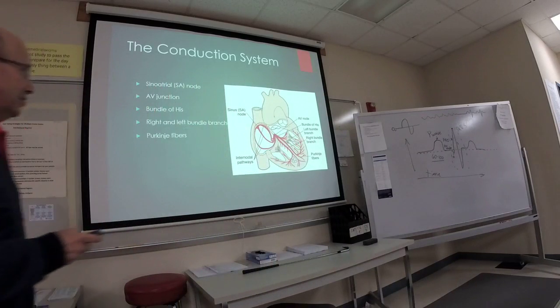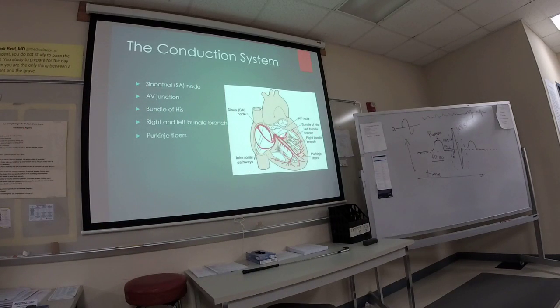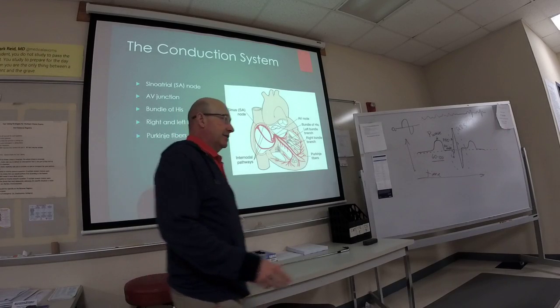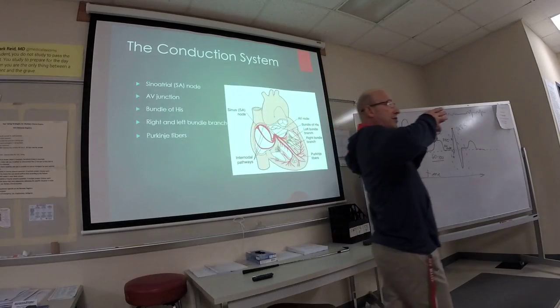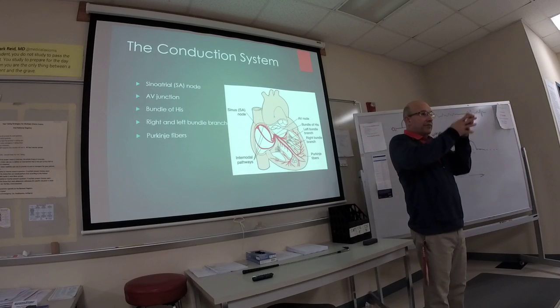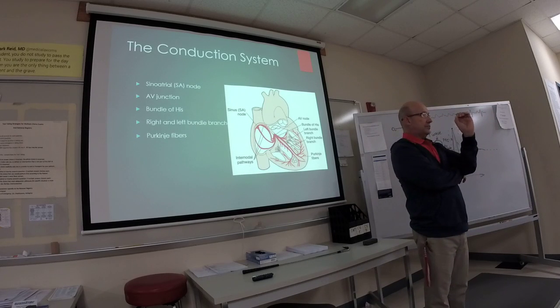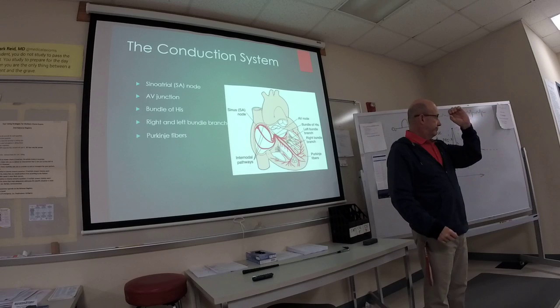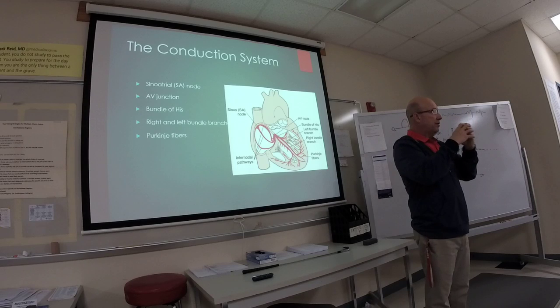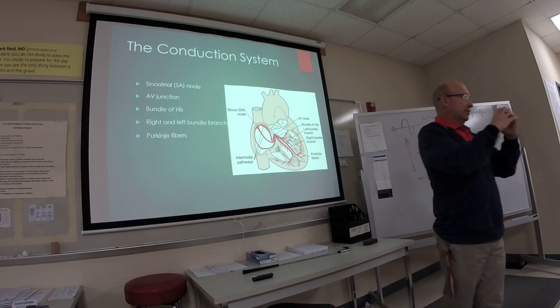The next thing it goes through is this area right here called the bundle of His. All the bundle of His is essentially a bunch of these cardiac fibers all clumped together. Picture it as just a big mesh of wire, individual wires, okay? So it's a bundle of these cardiac fibers, okay?